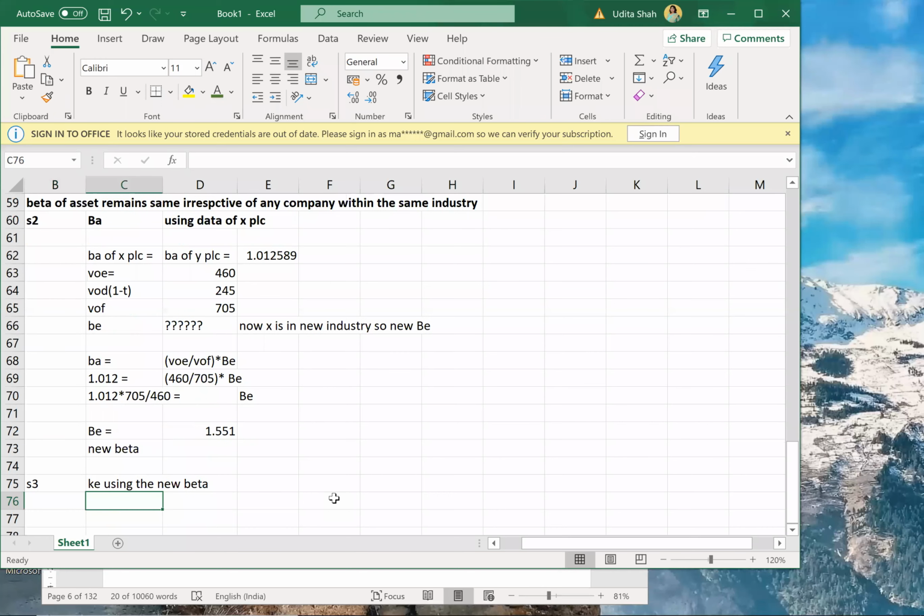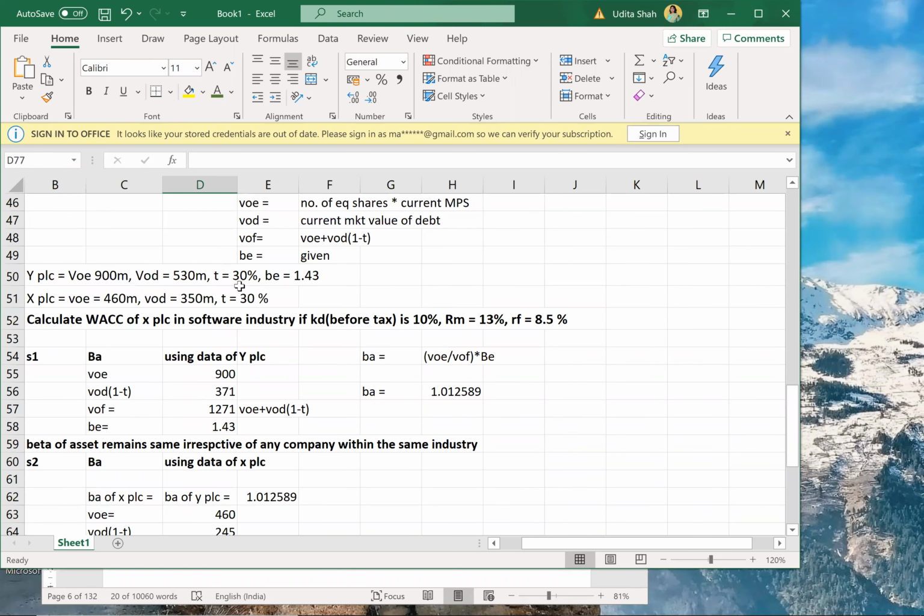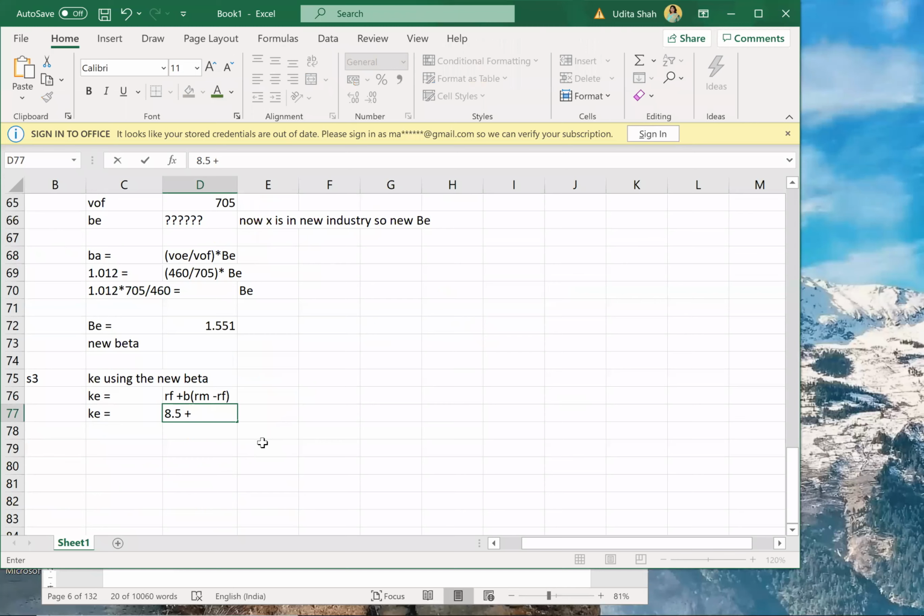What is the formula for KE? K equal to RF plus beta into RM minus RF. So K equal to, what is the RF given in the problem? RF is 8.5%, RM is 13%. So that will be 8.5% plus, now which beta I'll use? The new calculated beta 1.551 into RM was 13%.